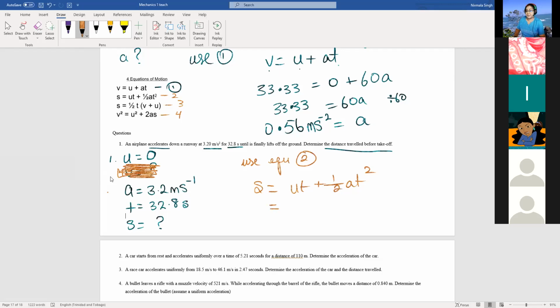And this is going to be simple to work out because U is 0, multiplied by 32.8, plus a half multiplied by what's our acceleration? 33.2 multiplied by our time squared, which is 32.8 squared. So we go and work that out. 0 by any number is 0, so we take that out of the equation.